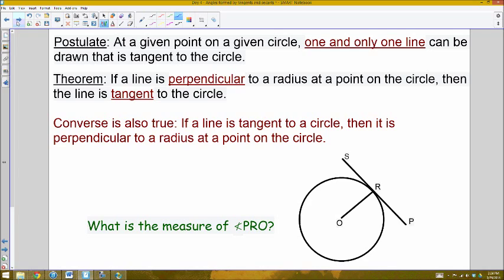And there's a theorem which we could actually prove that if a line is perpendicular to the radius on a circle, then the line is tangent to that circle. And the converse is also true. If a line is tangent to a circle, then it must be perpendicular to the radius.